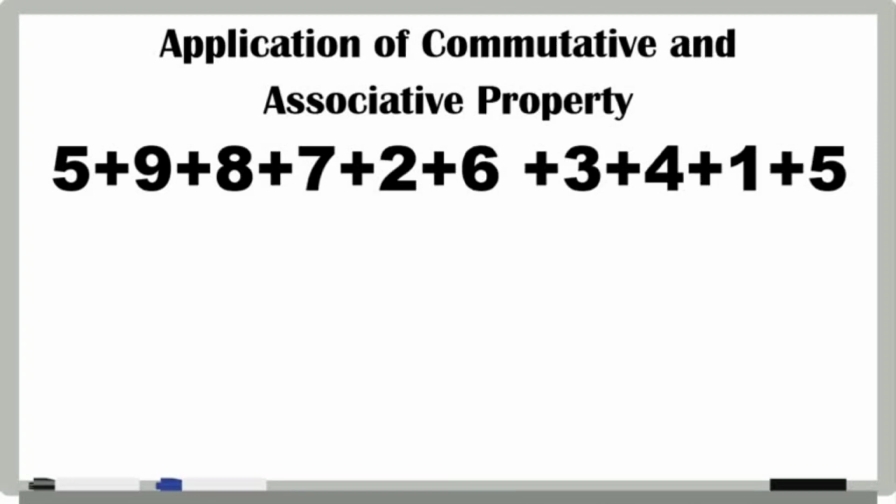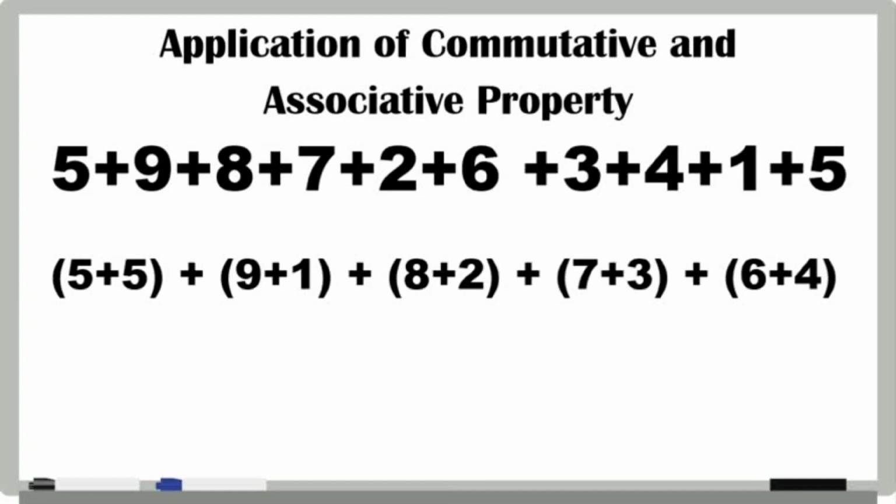For sure, yung ibang mga galing sa math ay ginagawa nila to. So, una, gagamit ka muna ng associative property para ma-regroup mo yung mga numbers. Pangalawa, gagamit ka ng commutative property para mabago mo yung order. So, commutative property and associative property work hand in hand in order for us to solve this problem ng mas mabilis. So, this is the solution.